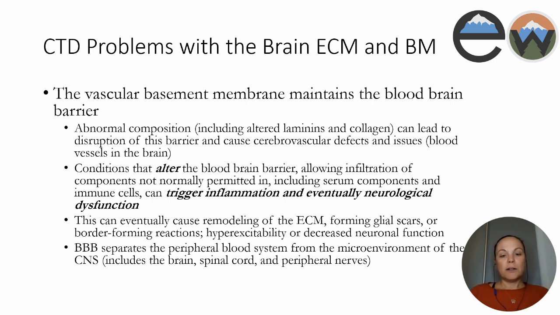Conditions that alter the blood-brain barrier and allow things to get through that aren't supposed to, including things out of the blood and immune cells, are going to trigger this inflammation. And eventually the inflammation, if it's not helped, will lead to neurological dysfunction.